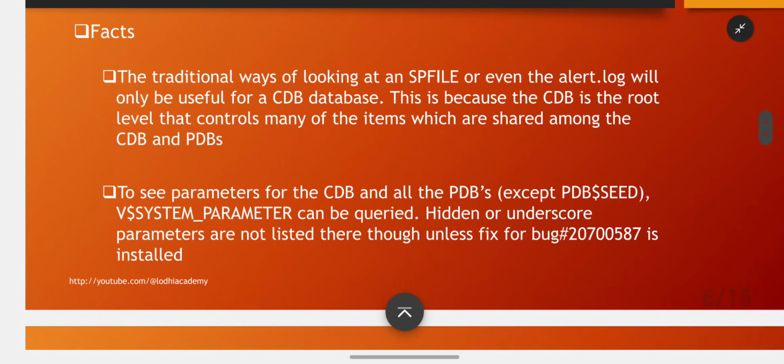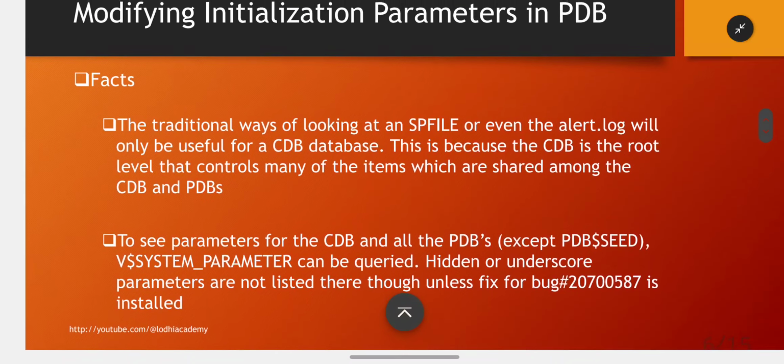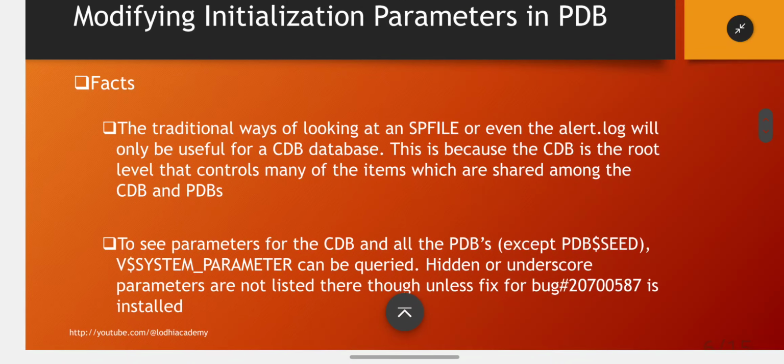The traditional ways of looking at an SPFILE or even the alert.log will only be useful for a CDB. This is because the CDB is the root level that controls many of the items which are shared among the CDB and PDBs.